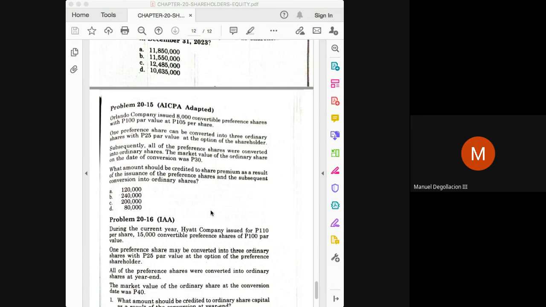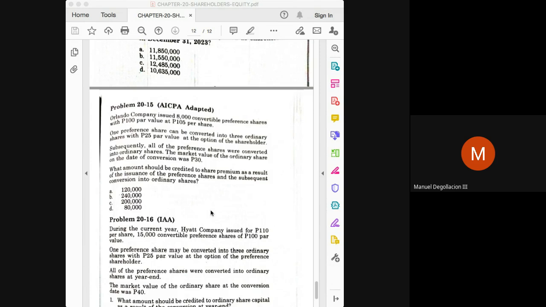So 8,000 times 5, you would have 40,000. The one preference share can be converted into 3 ordinary shares with 25 par value at the option of the shareholder. Then all of the preference shares were converted into ordinary shares. The market value of the ordinary shares on the date of the conversion was 30.